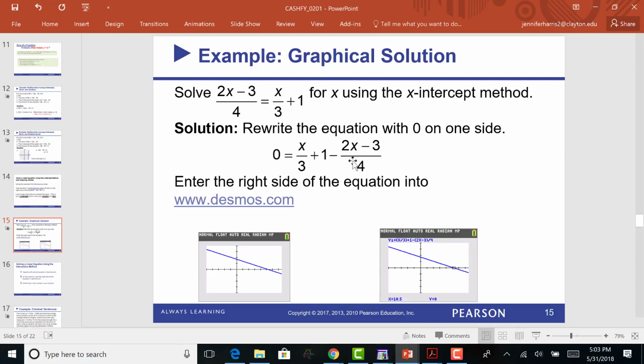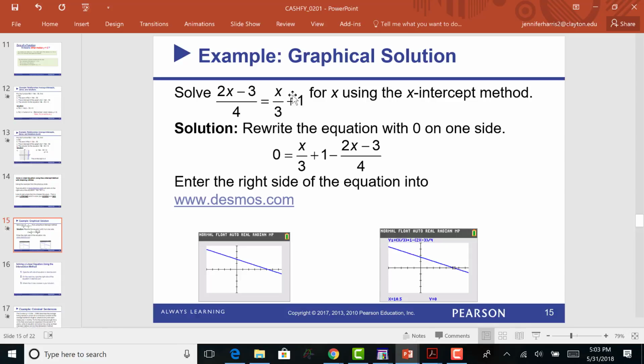We can type each side of the equation in Desmos first and see where they cross. So let's go do that. Type what's on the left side of the equal sign in Desmos by itself, come down to another empty space and type x over 3 plus 1 in another slot. Do you guys know how to create the fraction in Desmos?